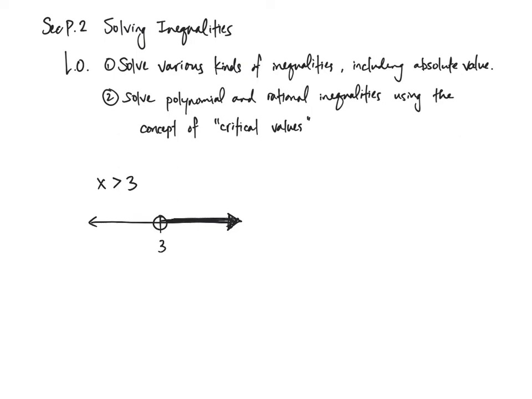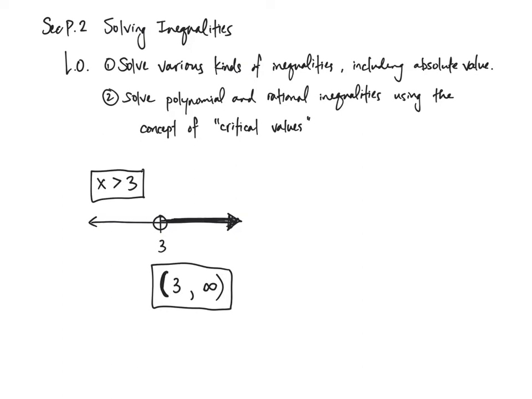So the interval starts on the left side at 3, and then it goes to the right all the way to infinity. So this is the equivalent interval notation form of this standard notation.